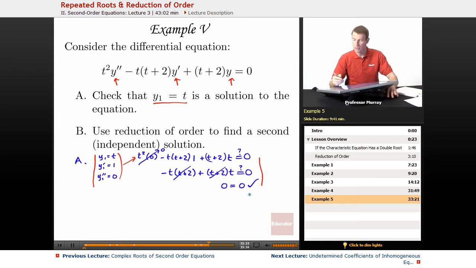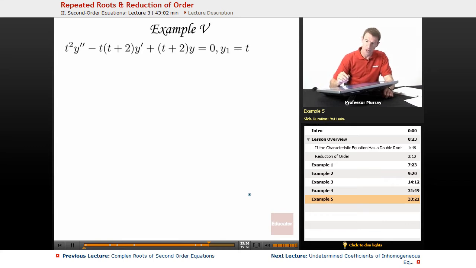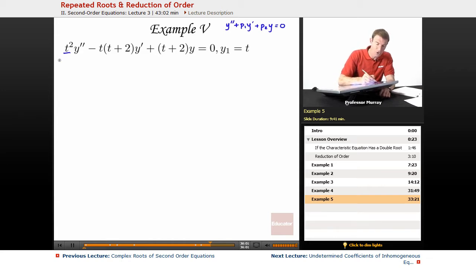The harder part is going to come in part B, where we're going to use reduction of order to find a second solution to the differential equation. And let me remind you that with reduction of order, we need to have an equation of the form y double prime plus p1 y prime plus p2 y is equal to 0. And we don't have that yet because we have this coefficient t squared in front of the y double prime.